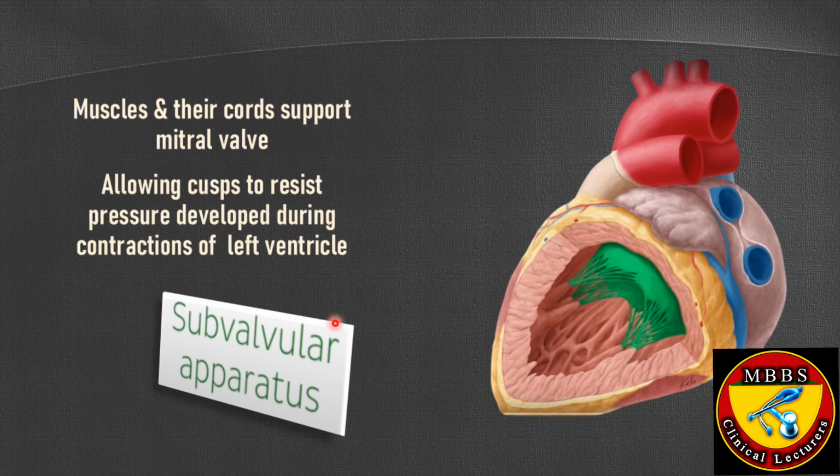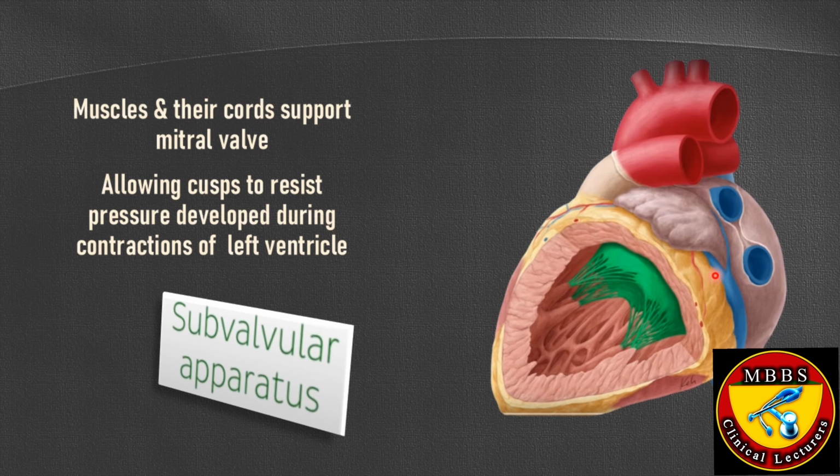With the help of this muscle and these chorda tendineae, the valve resists pressure during contraction of the left ventricle, because the left ventricle will contract forcefully. So it cannot regurgitate back, or the valve cannot go back inside the left atrium, because due to pressure, as this muscle contracts forcefully, they can go back.